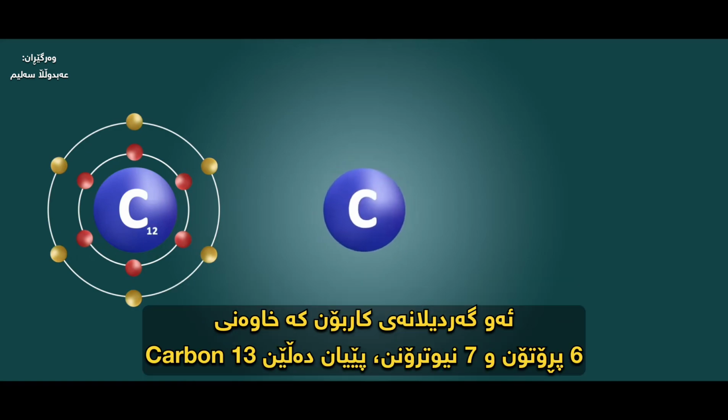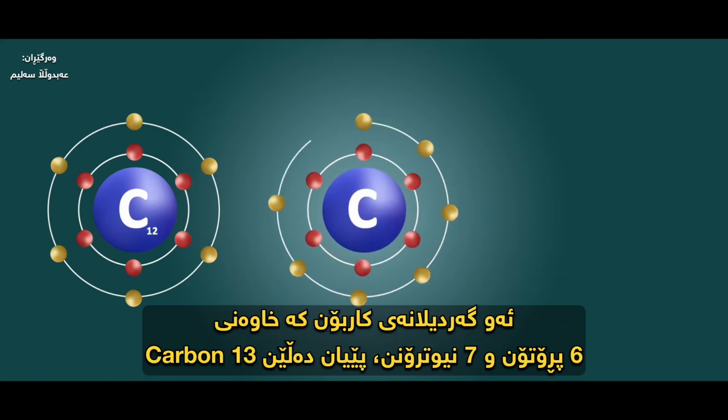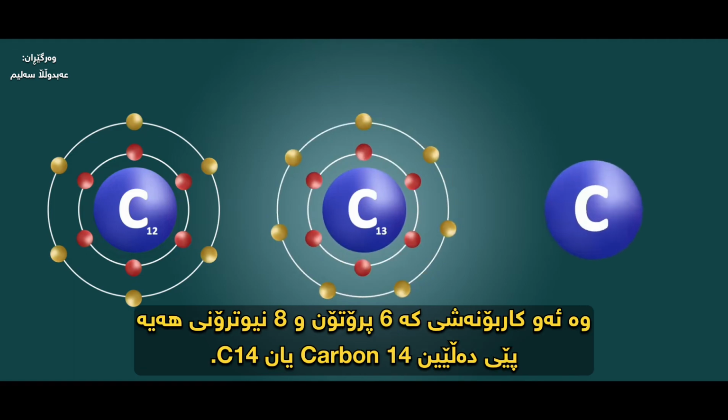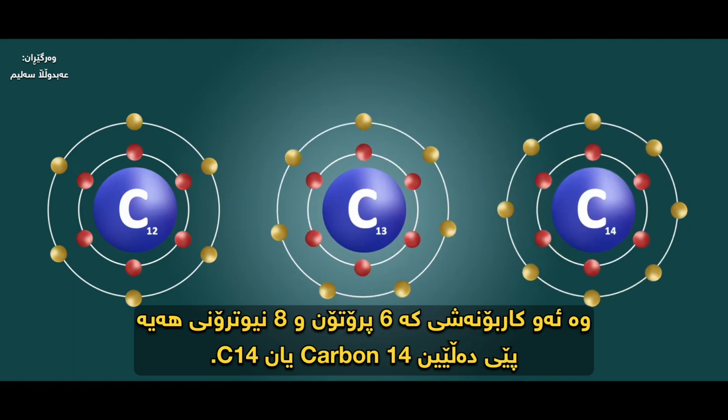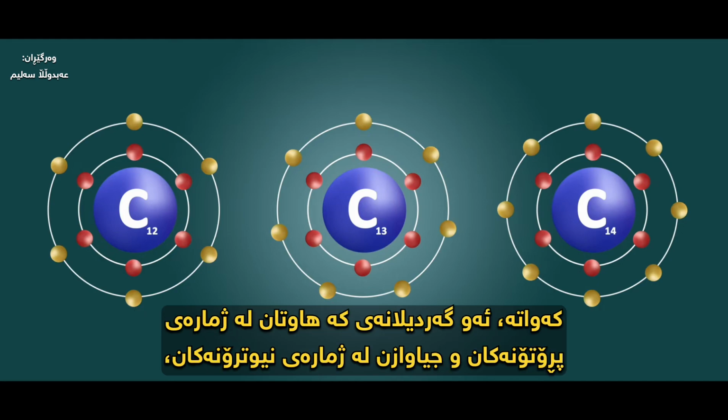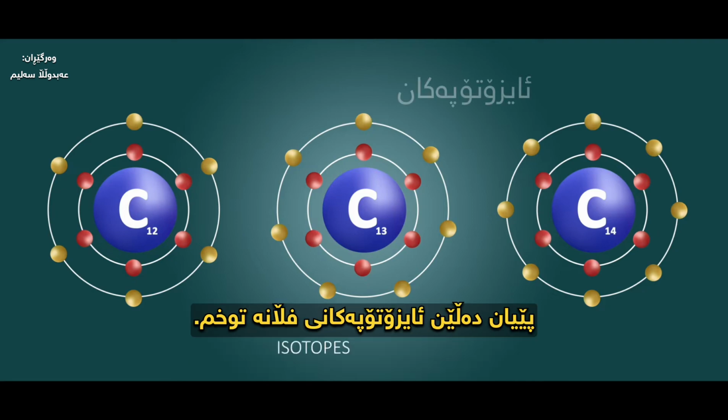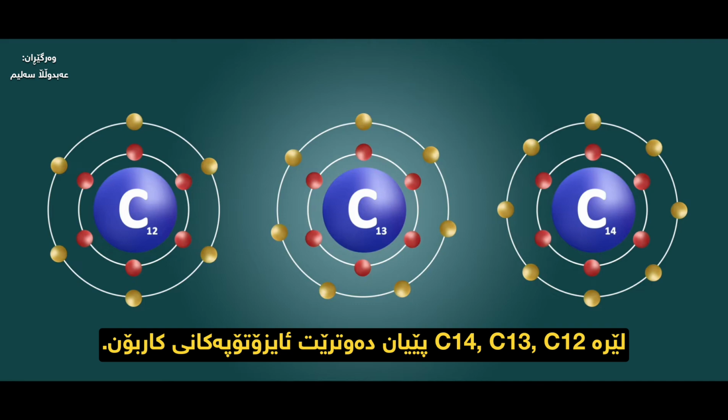The carbon atoms, which have 6 protons and 7 neutrons, are called carbon-13, and the ones with 6 protons and 8 neutrons form carbon-14, C14. So, atoms with the same number of protons and different number of neutrons are called isotopes of that element. Here, C12, C13 and C14 are called the isotopes of carbon.